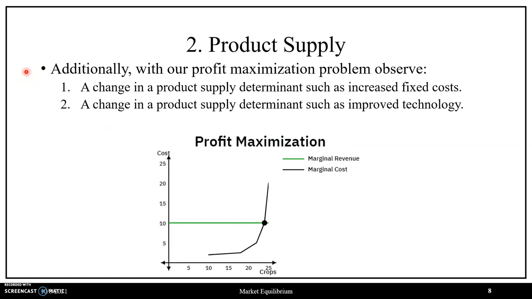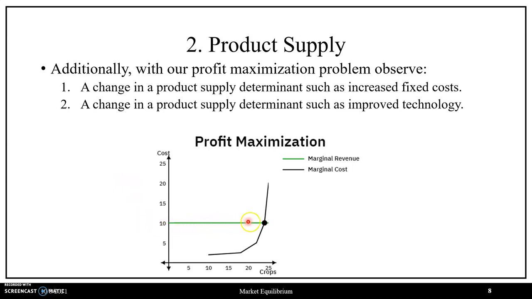With our profit maximization process below again, let us see that there's a change in a non-price determinant of product supply, such as an increase in fixed costs. If there's an increase in fixed costs, it's more costly to produce goods and services. This should correspond to a leftward shift of the product supply curve, holding price constant.